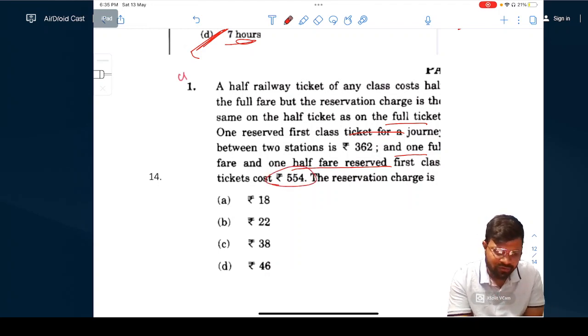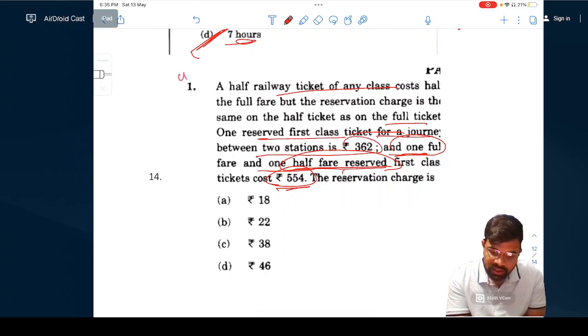I don't know how it came here, but see, one full fare and one half fare are 54, and one reserved first class is 362. But the reservation charge is the same on the half ticket as on the full ticket.